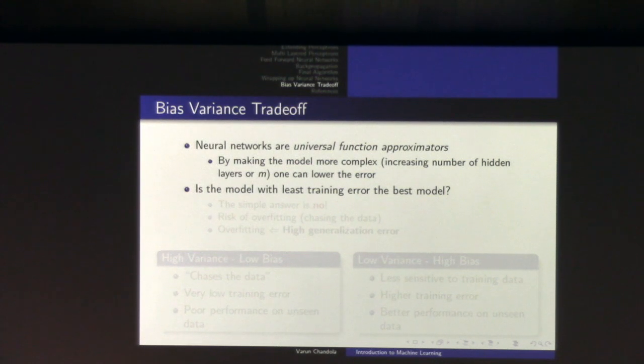You can do that by making your model more complex, which means you can add more layers or more units per layer. But the question is, do you really want to do that? And that's where this important notion comes in. So the question is, is the model which gives you the least training error the best model? Let me give you an example over here.